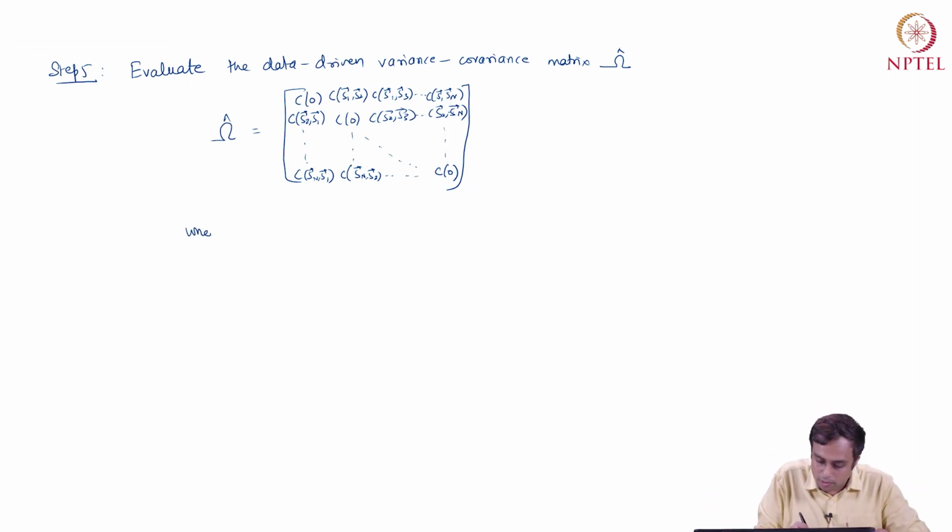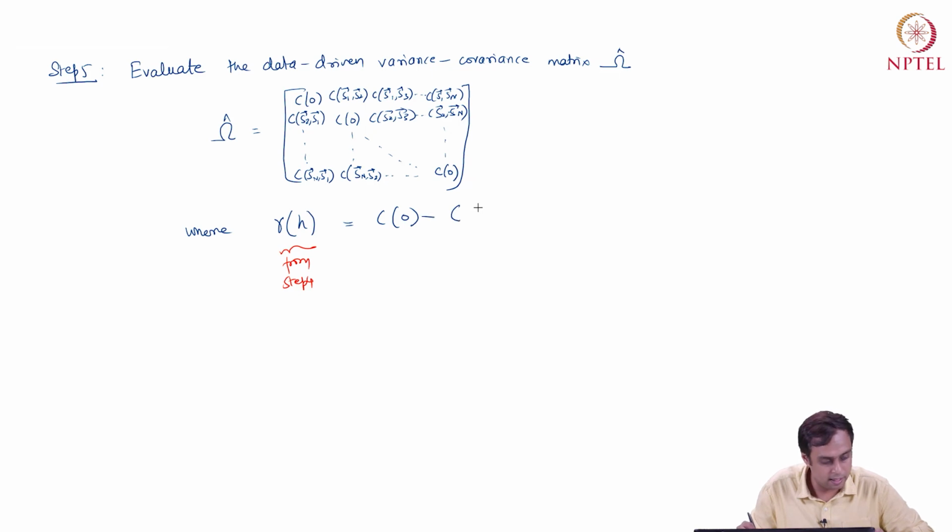Where we know that the value gamma h that we have evaluated from the model in step 4, this value is equal to C0 minus C h.